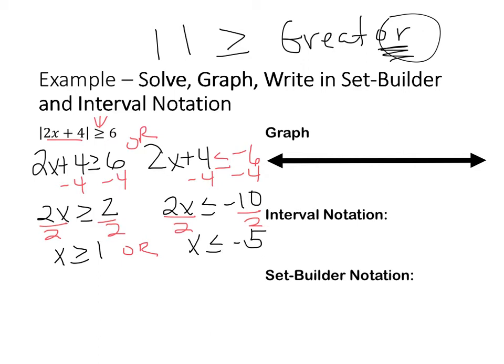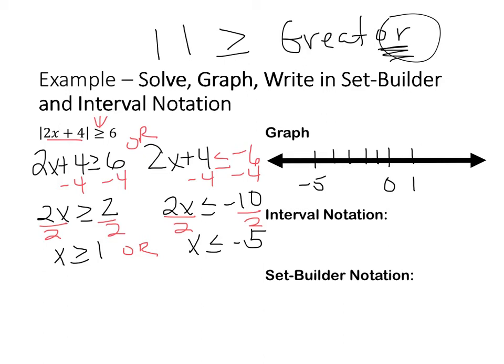So x is bigger than or equal to 1, or x has to be smaller than or equal to -5. What does that look like when we graph it on our number line? If I start at -5, then -4, -3, -2, -1, 0, and then I come up to 1.